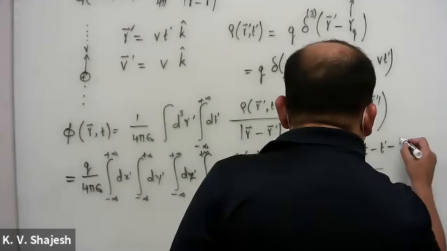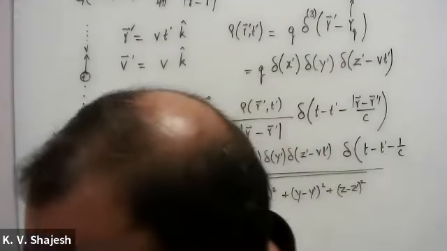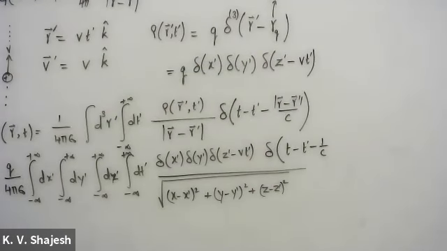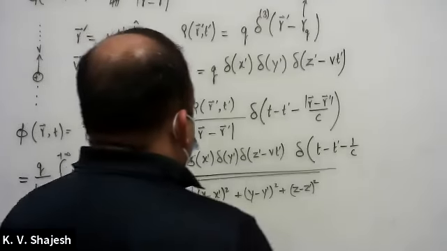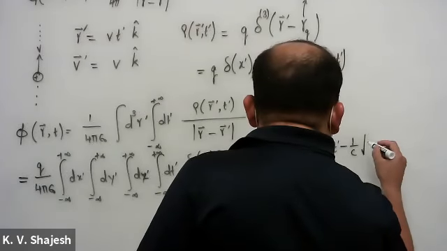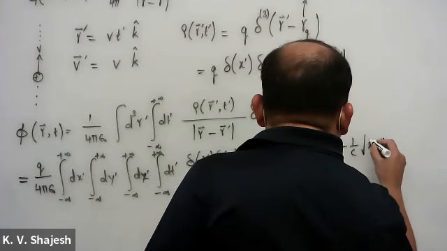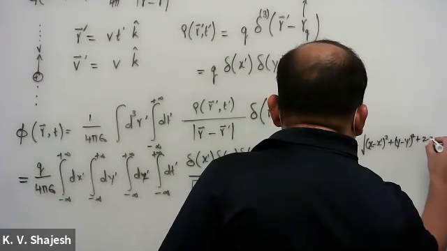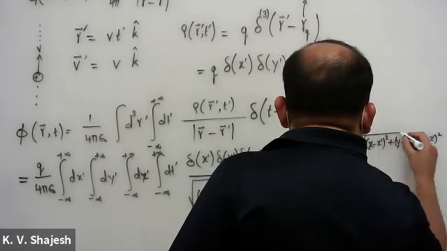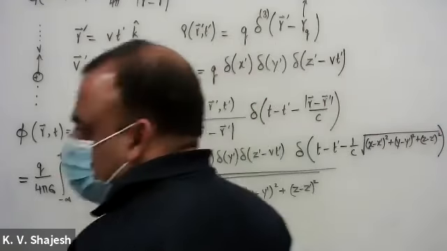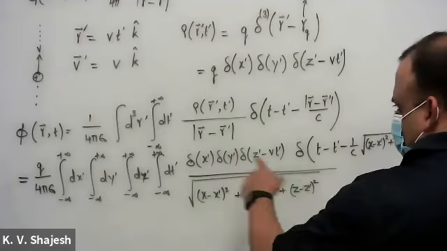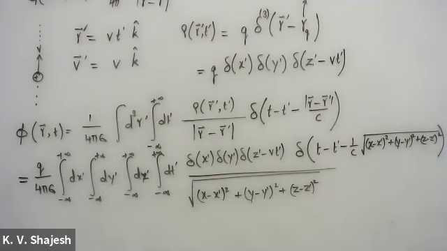And the same square root shows up here also, because there is r minus r prime, so it's x minus x prime squared plus y minus y prime squared plus z minus z prime squared. Hopefully that's clear. That's what I was trying to write immediately, but then I made some small trivial mistakes which could be confusing.